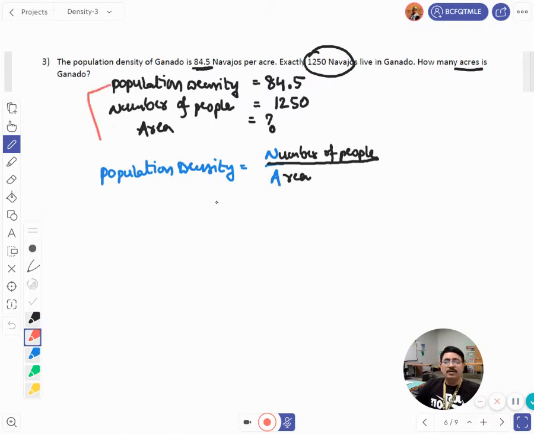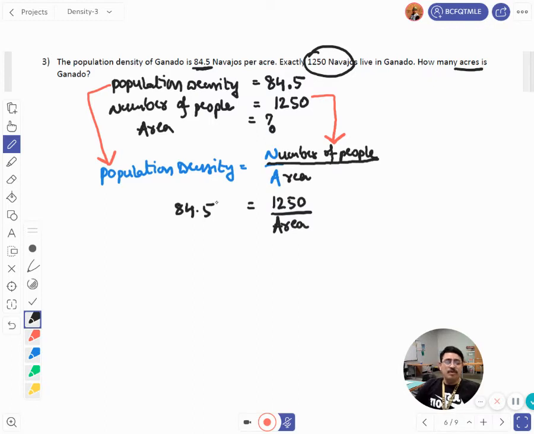Population density goes here. Next, number of people goes here. And area is the question mark, right? So I see that 84.5 equals 1250 over area, which we don't know.